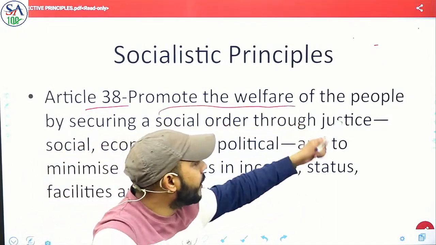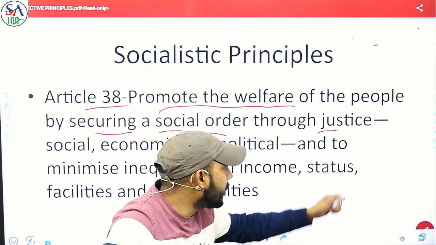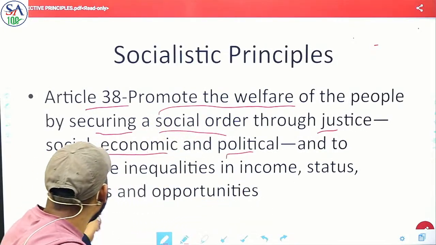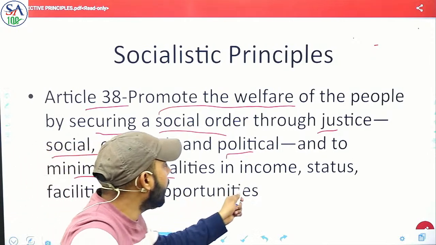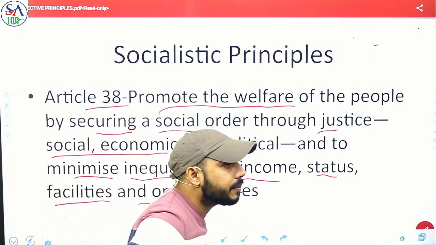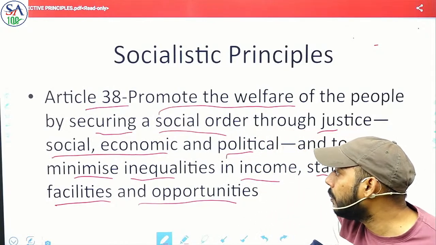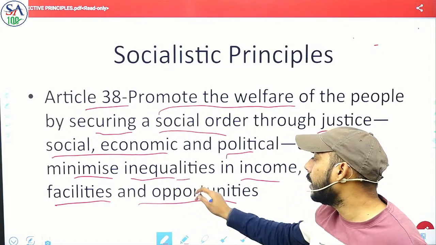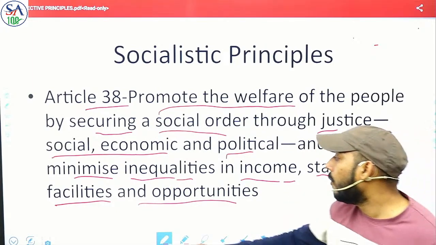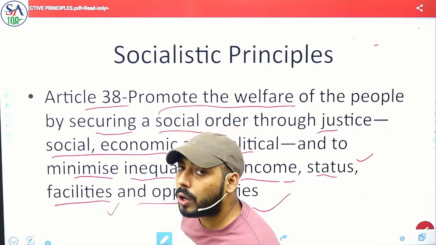Promote the welfare of the people by securing a social order through justice, socio-economic and political, and minimize inequality in income, status, facilities, and opportunities. It directs the state to minimize inequalities in the sphere of income, status, facilities, and opportunities. For this, what does the government do?